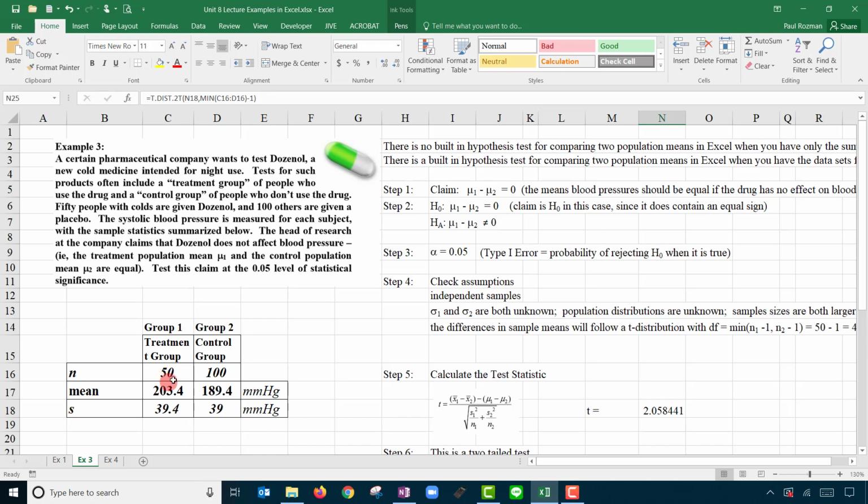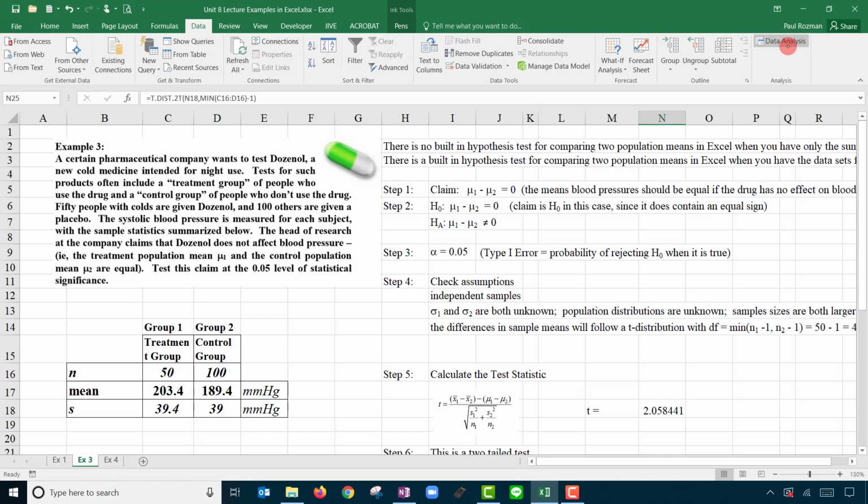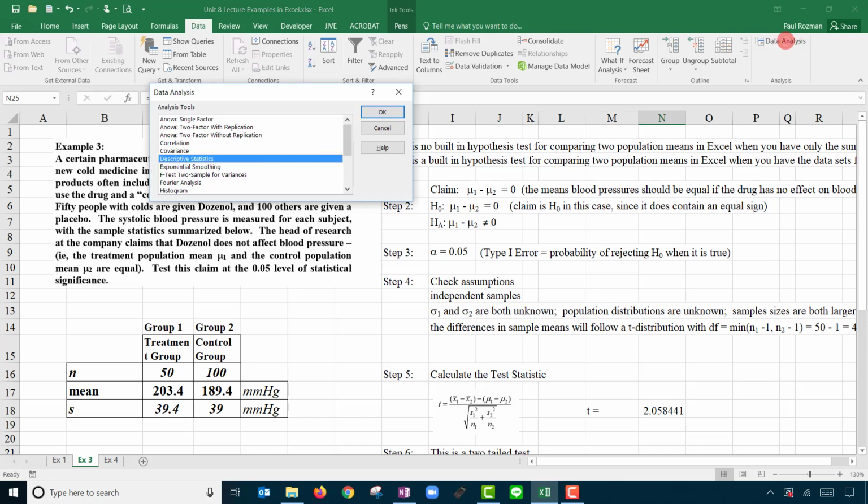Like if I had the 50 values of group 1 and the 100 values of group 2, then you can just enter that data and go to your data and then data analysis tool. We did descriptive statistics that way. There are hypothesis tests in here too. One of them is a t-test assuming unequal variances. That's the way we handled this.